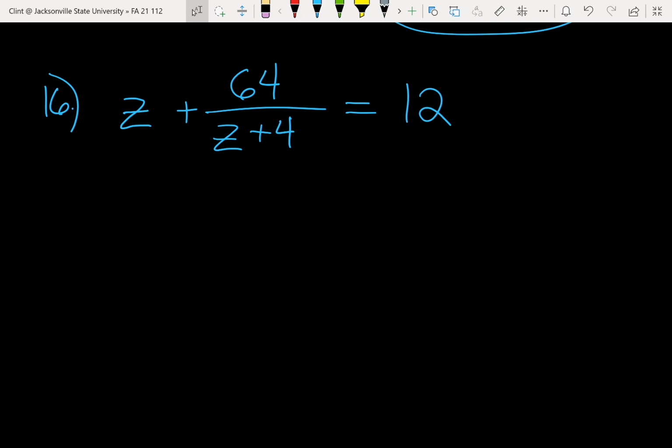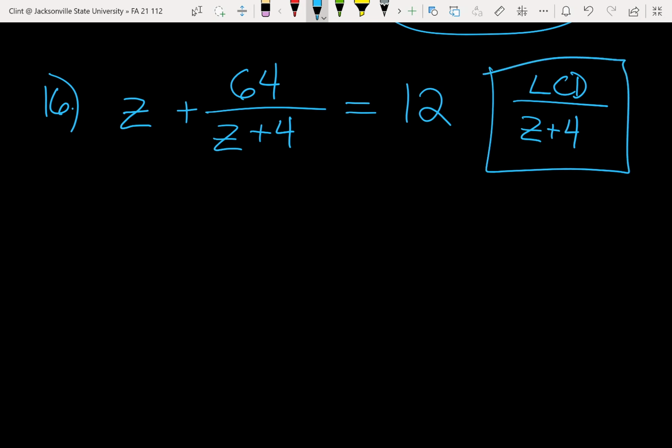So the method I showed you in class for these is that we multiply through by the least common denominator, multiply every term by that. Since we only have one denominator, that is our least common denominator. Okay, so our LCD here is z plus 4. That's what we're going to multiply everything by, because that gets rid of the fractions.